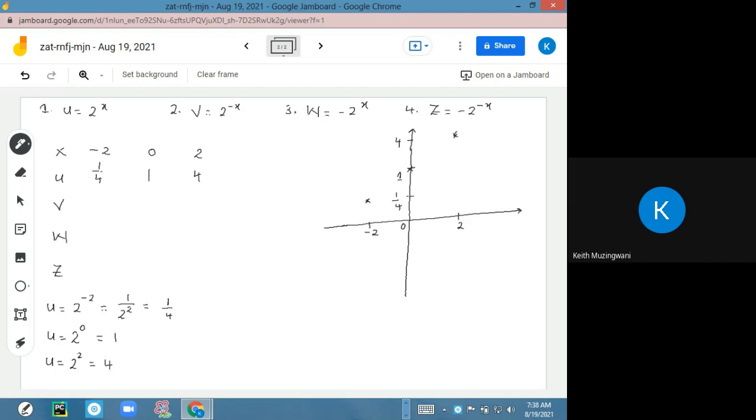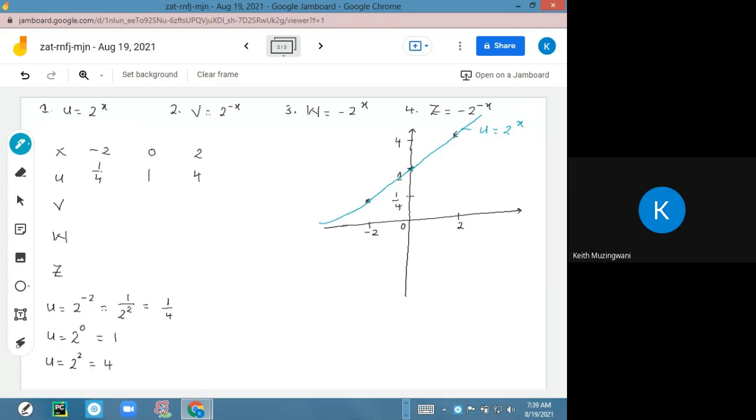So if you look at this function 2 to the power x, for any value of x, this function will never be 0. That means that we'll have the sketch of our function showing that it will never touch 0. You never touch the x-axis and then going in that way. So it's a curve, and we label it u is equal to 2 to the power x.